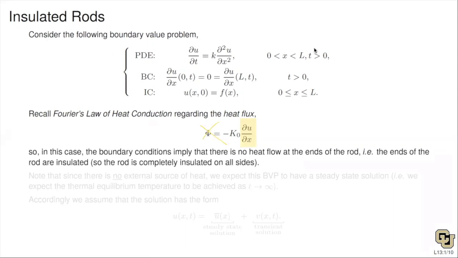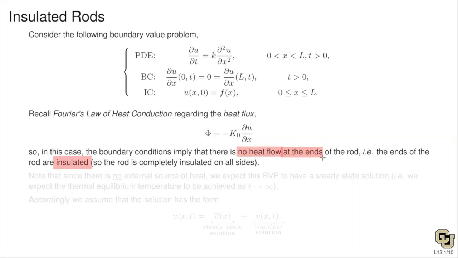And so there's no heat flowing at the ends of the rod. And so, we interpret that, this no heat flow, as being that the ends of the rod are insulated. Okay, so at the ends here.